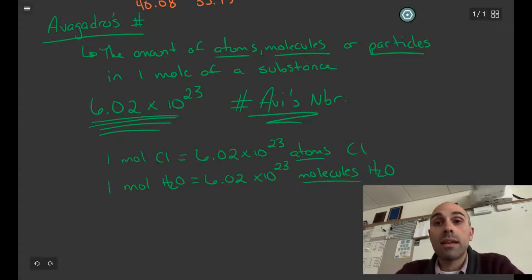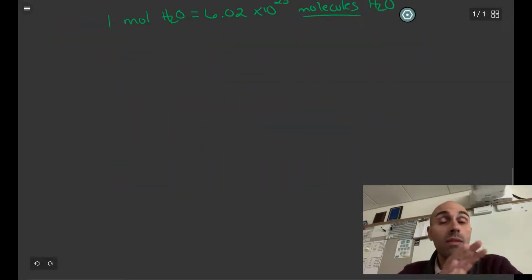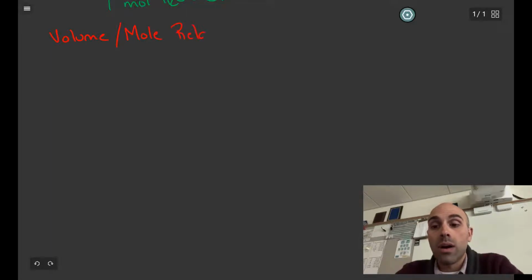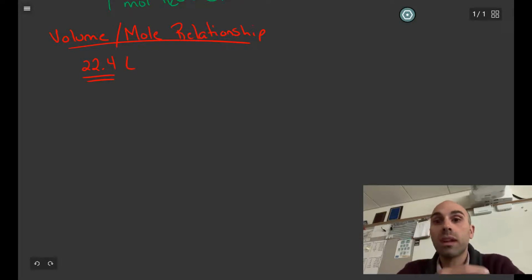All right, so there is one more relationship that we just need to talk about, and this was in the previous video. This is the relationship between the amount of moles of a substance and the volume that the substance occupies. It's the volume-mole relationship. For this relationship to be true, everything has to be under STP, which stands for standard temperature and pressure.